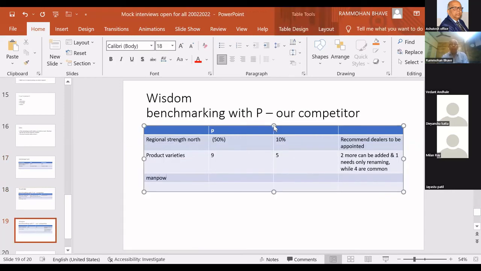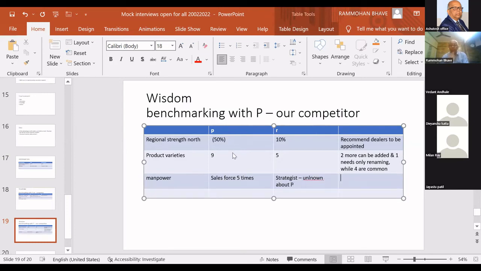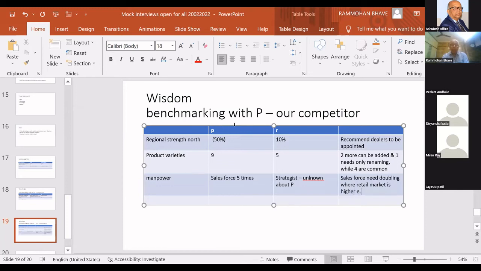Manpower. Sales force 5 times. Strategists unknown about P. But sales force needs doubling, where retail market is higher. For example, North.